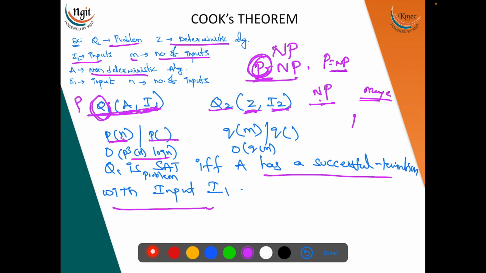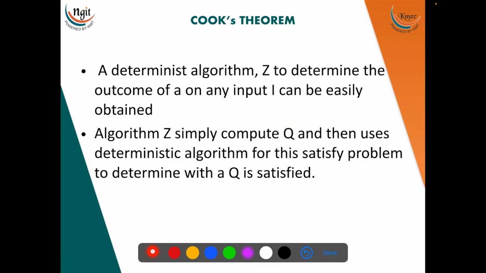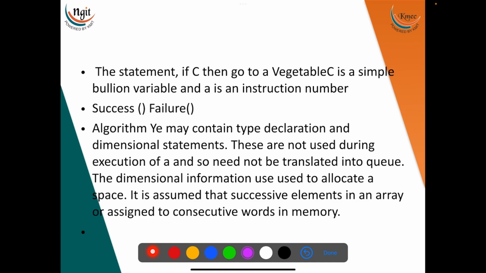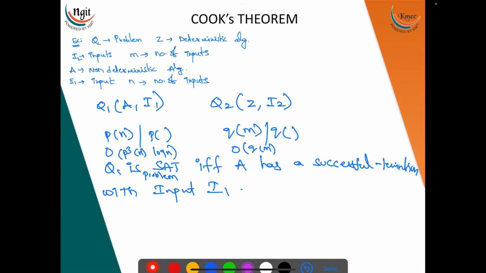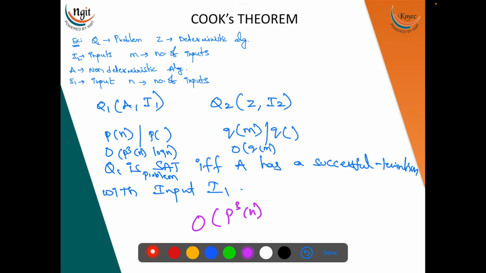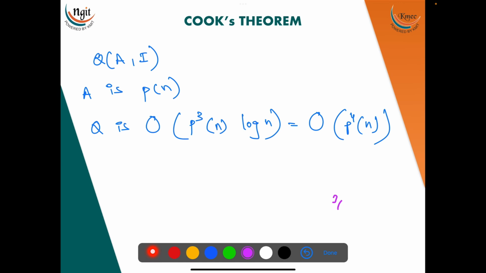This algorithm Z simply computes Q and then uses a deterministic algorithm for the satisfiability problem, whose complexity is Q of M. If big O of Q of M is the time complexity needed to determine whether a formula of length M is satisfiable, then the complexity of Z is big O of P cubed of N log N plus Q of P cubed of N log N.